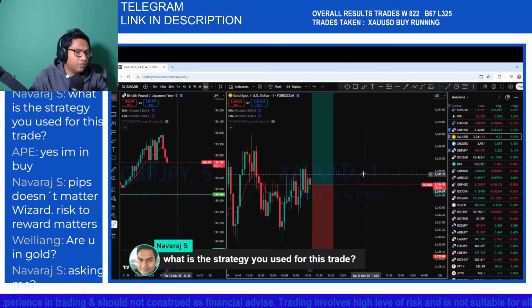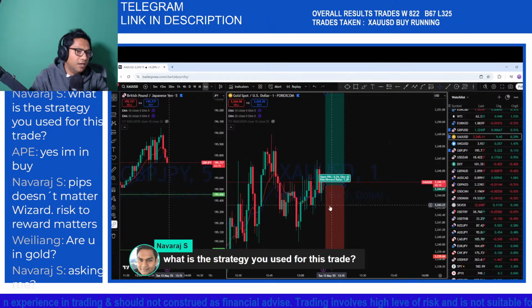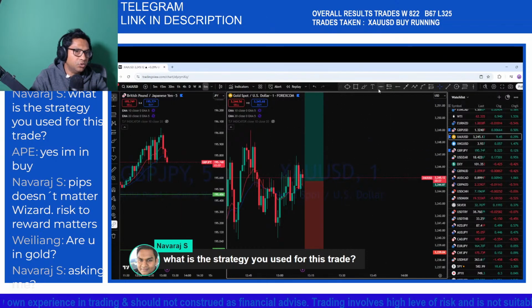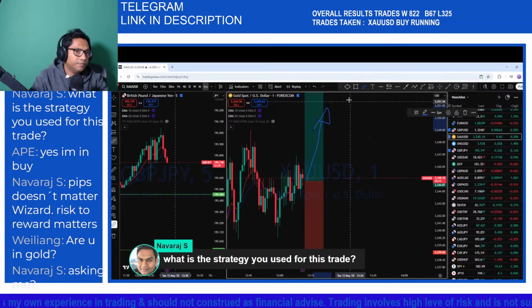So here you can see this forming a couple of dodges and still maintaining a series of higher lows, expecting it to break to the upside.